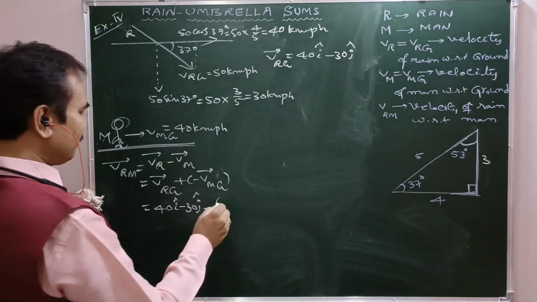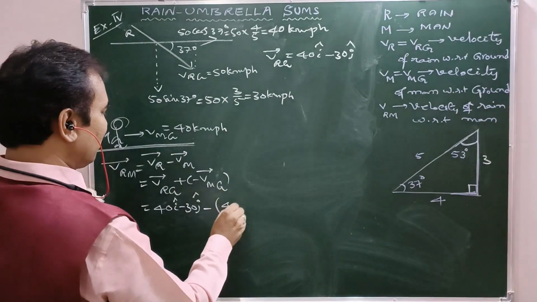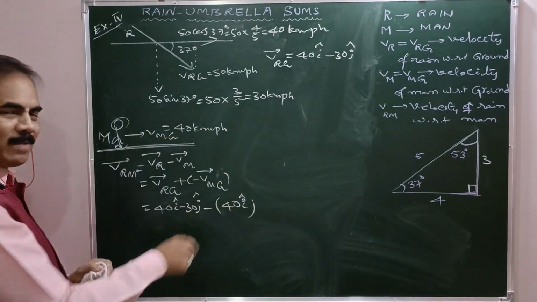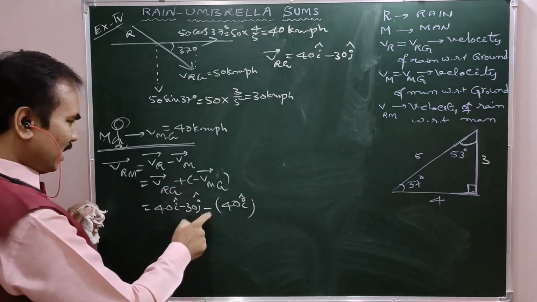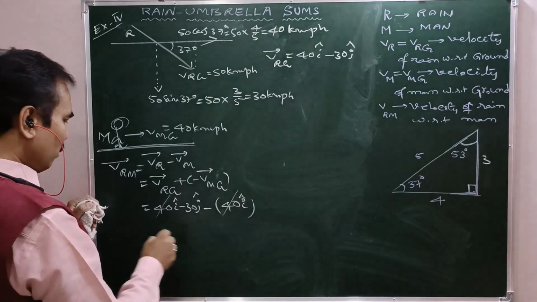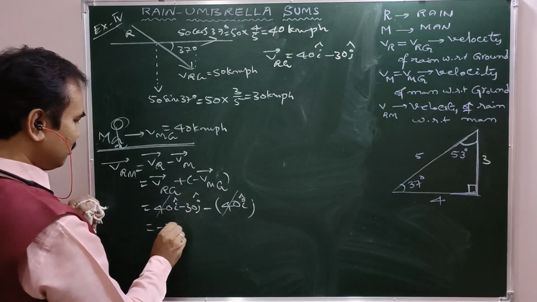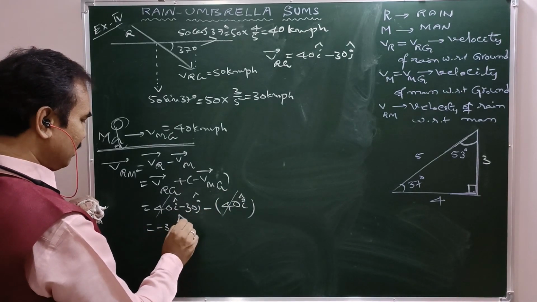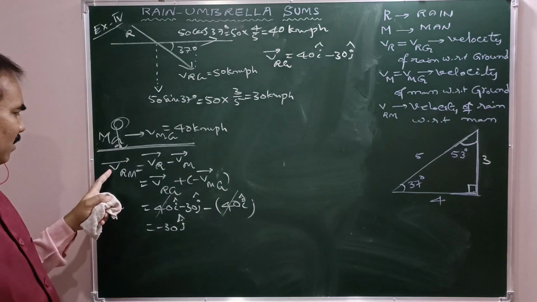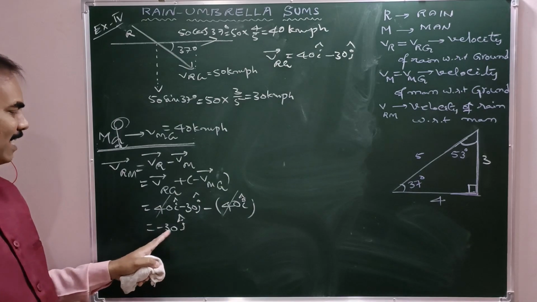VMG is 40 i cap along positive x-axis, so minus 40 i cap. So plus 40 minus 40 cancel, and we are left with minus 30j. The vector VRM is equal to minus 30j.